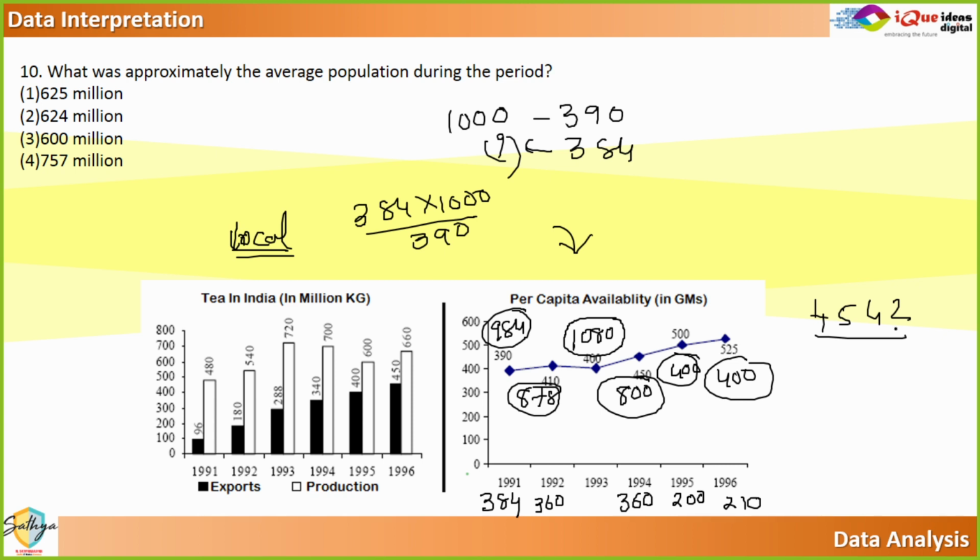And if I divide it by 6, my answer is roughly 757 million. So answer is 757 million. Did you get it? 757 million.